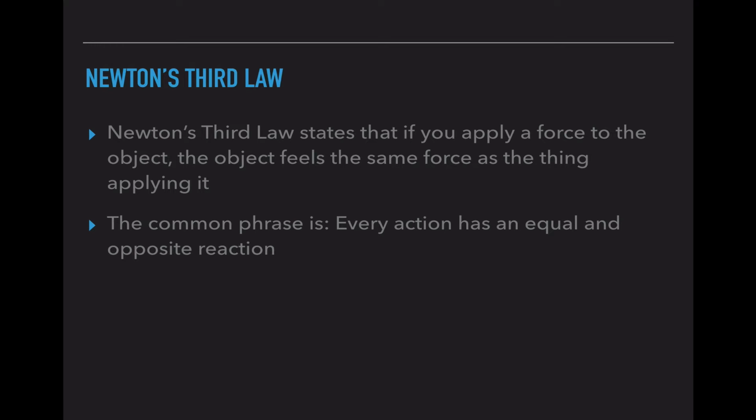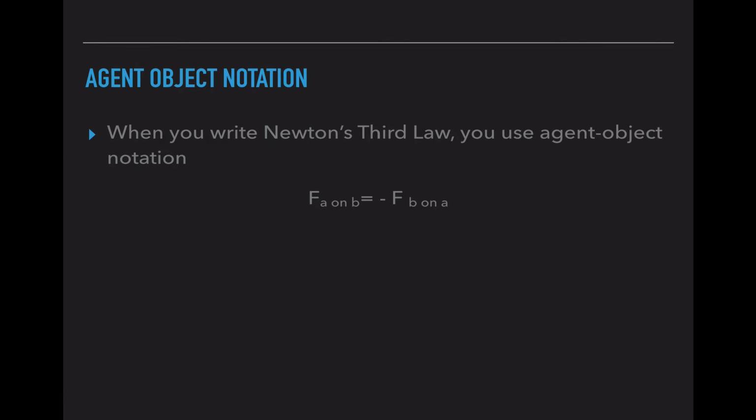so does your foot. We use agent-object notation in order to write Newton's third law, and essentially what it says is force of object A on object B is the opposite value of the force of object B on object A. So if you have a book sitting on the table, the force of the book pushing on the table is the opposite of the force of the table pushing on the book.